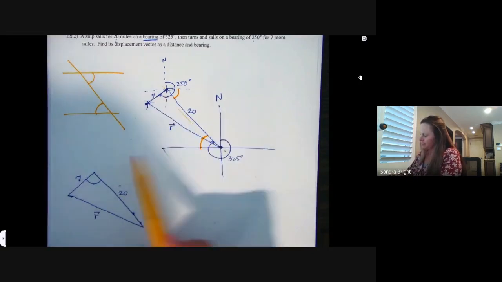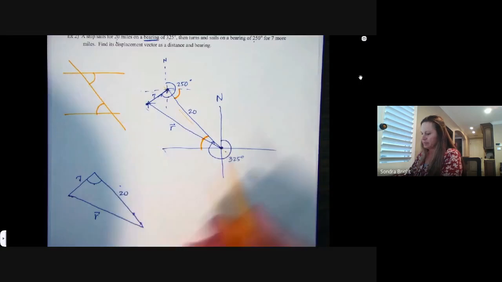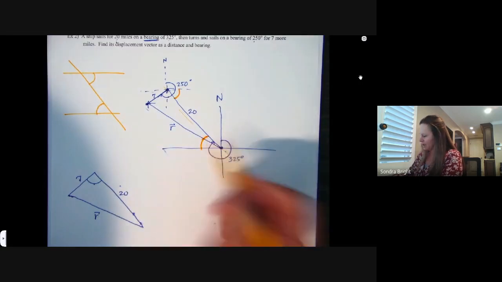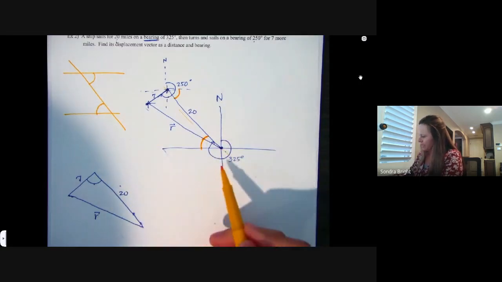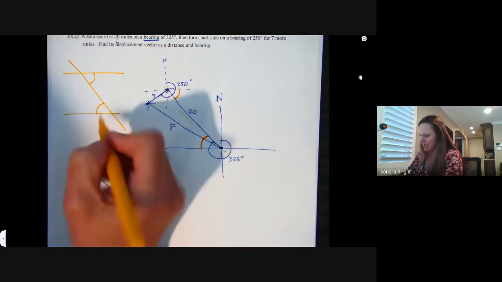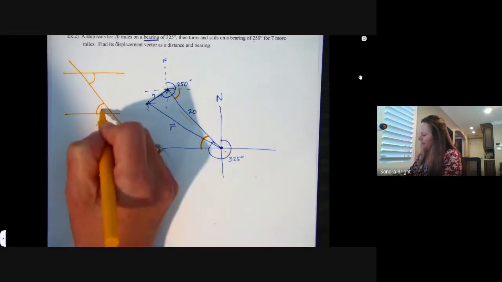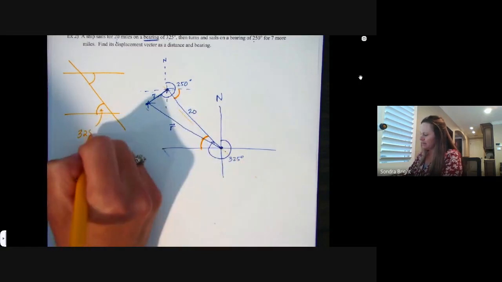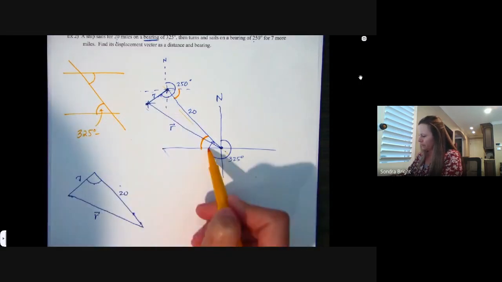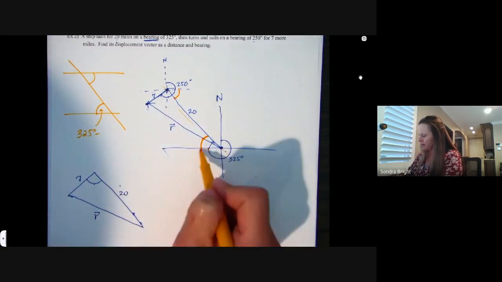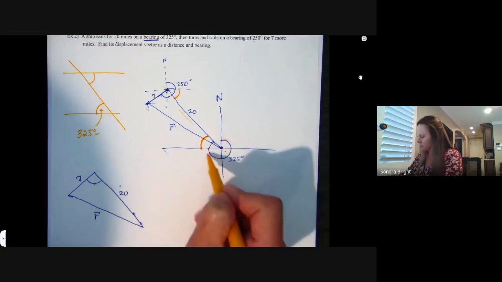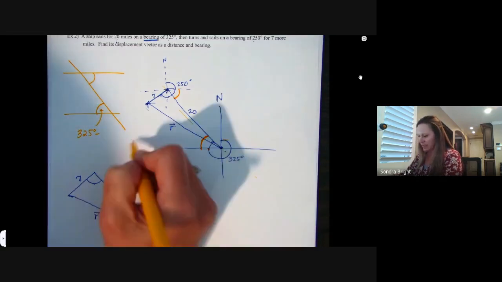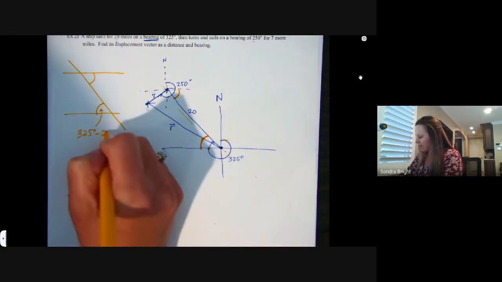Well, this guy's actually pretty easy to find, because this angle right here, this one, it was 325. But if you subtract 270 from it, it'll give you from here to there, because from here to there was 270. So minus 270, which gives you 55 degrees.